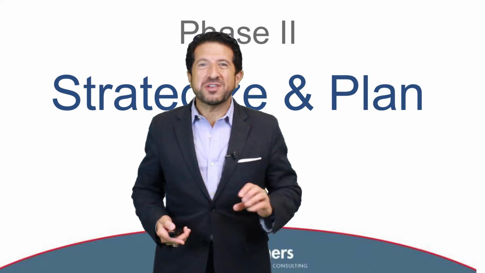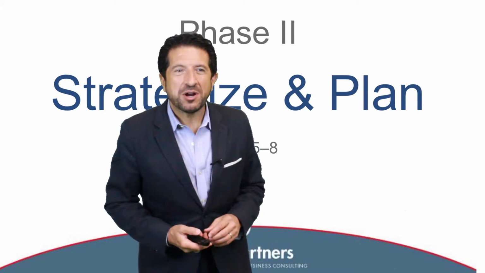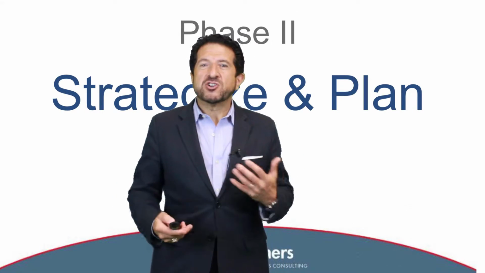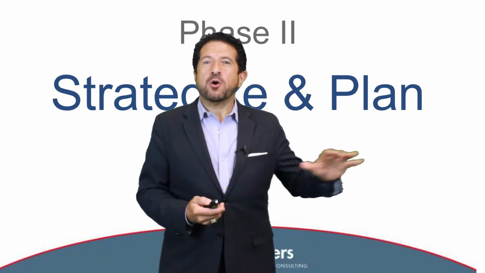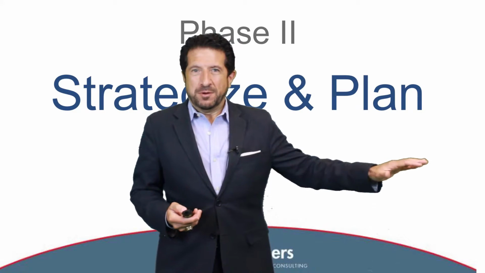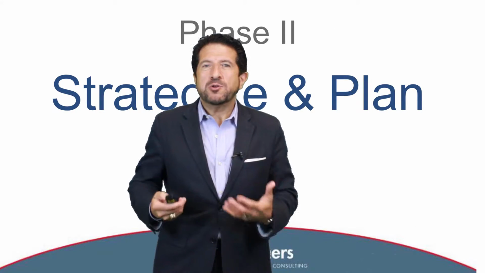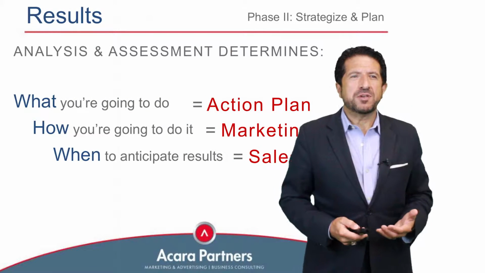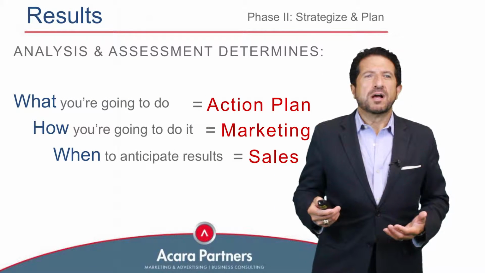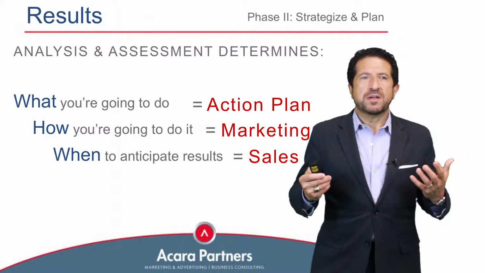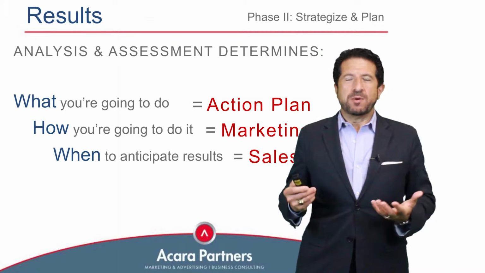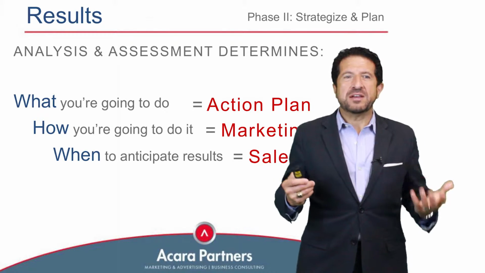Okay, in this section of the Business Boosting webinar, we're going to talk about strategizing and planning: how you take all the information that you looked at in phase one, and what you do with that information. How do you come up with the plans? The results of what you just did in phase one, you need to analyze and assess.